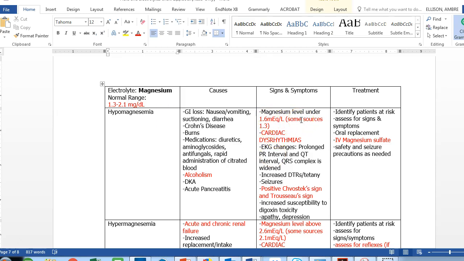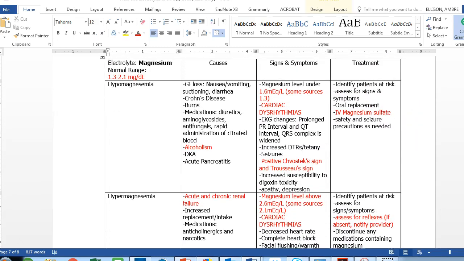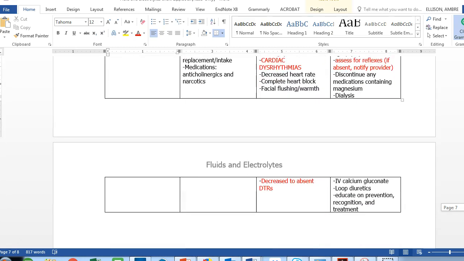So the big thing with hypomagnesemia is torsades, which is a cardiac dysrhythmia that can lead to lethal consequences, and you'll learn about it if you choose to do ACLS. Another thing with hypomagnesemia is you're going to have a positive Chvostek and Trousseau's. When you have low mag, they're going to give IV mag for it. If it's not too terribly low, they might do PO mag, but expect IV mag.